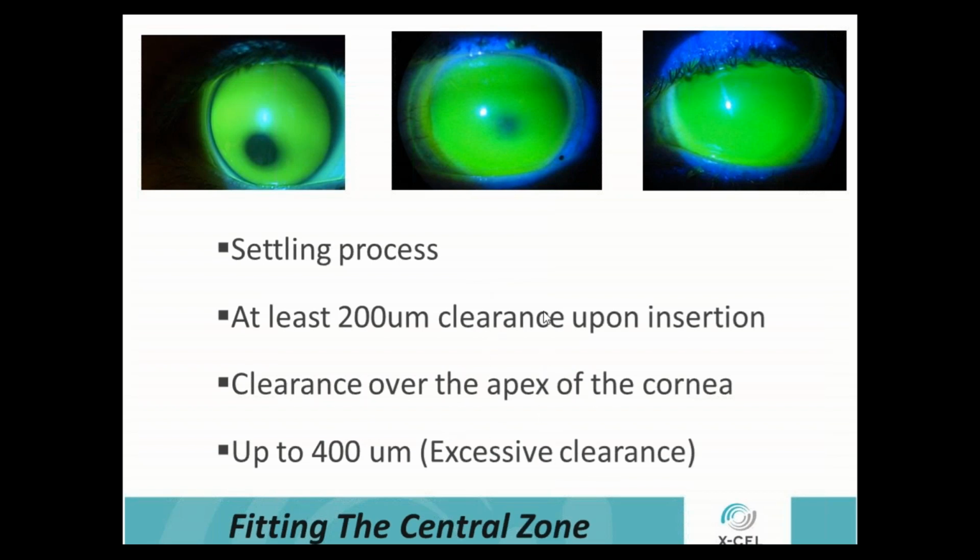Some of the problems, now back to the troubleshooting, we see with excessive clearance is you distort the visual acuity. So if I have too much clearance and I have too much fluid behind the lens, I'm getting that fishbowl effect. My visual acuity is not what I want it to be, not best corrected visual acuity, and it's distorted because I have too much clearance between the cornea and that lens. We have also seen that too much clearance can cause fogging or haziness.